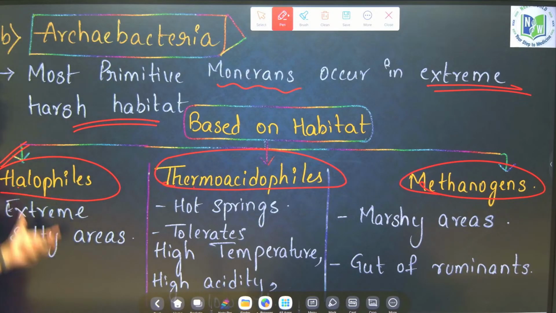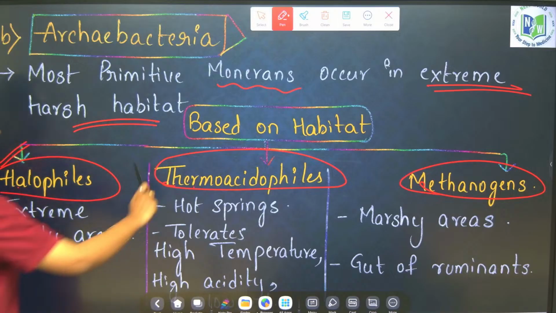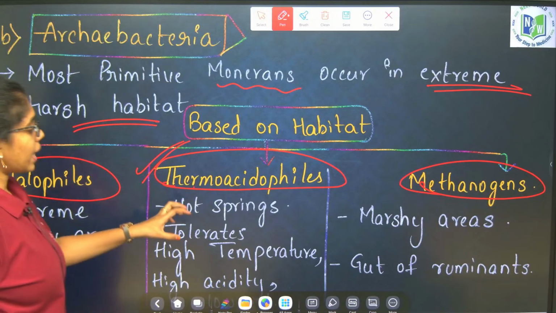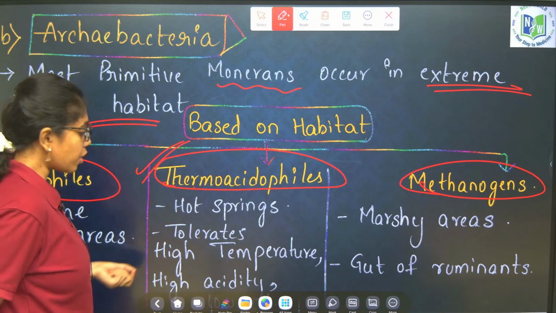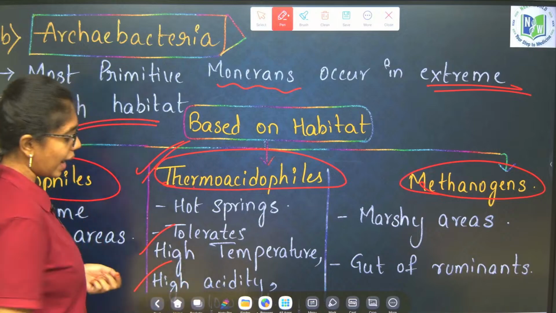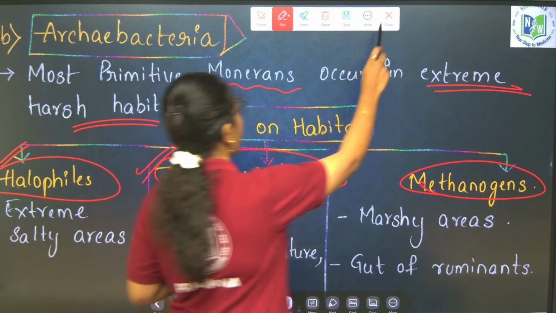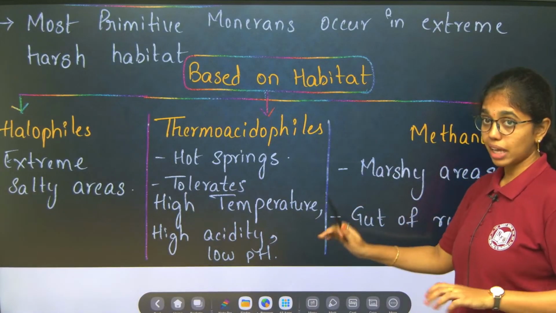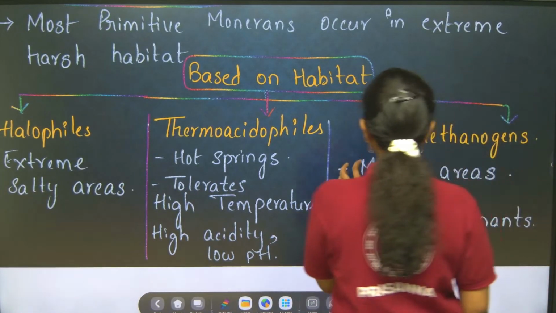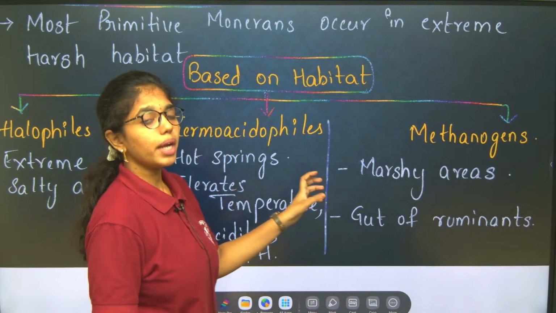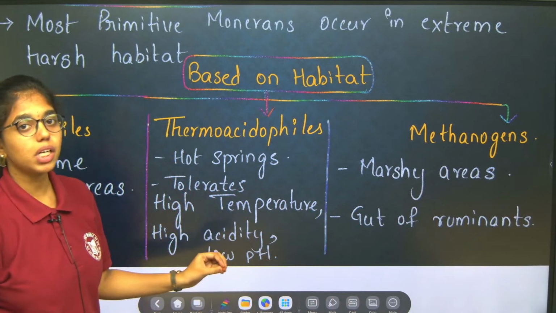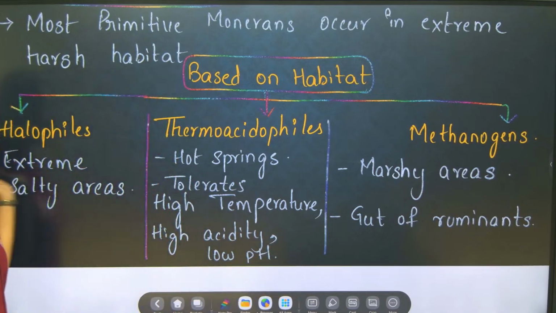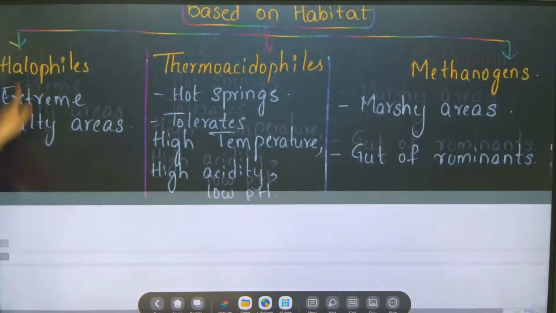Thermoacidophiles survive in hot spring habitats and they tolerate high temperature and high acidity and low pH. That is about thermoacidophiles. Methanogens grow in marshy areas and they are present in the gut of ruminants. Remember that. So, they are classified based on the habitat.